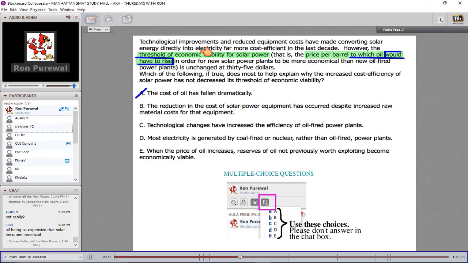But what this is, basically what you have here is, oil prices fluctuate a lot, right? Even if you don't know the economics of that, you probably know that the price of oil is constantly changing, whereas the price of sunshine is not.